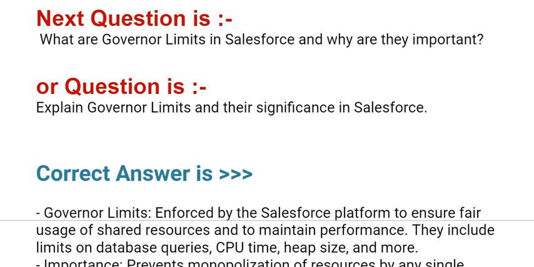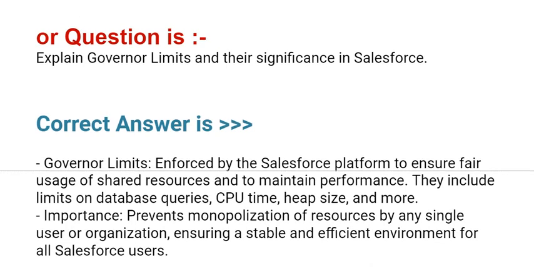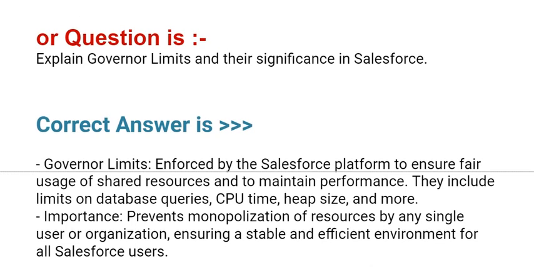They include limits on SOQL queries, CPU time, heap size, and more. Importance: it prevents monopolization of resources by any single user or organization, ensuring a stable and efficient environment for all Salesforce users.